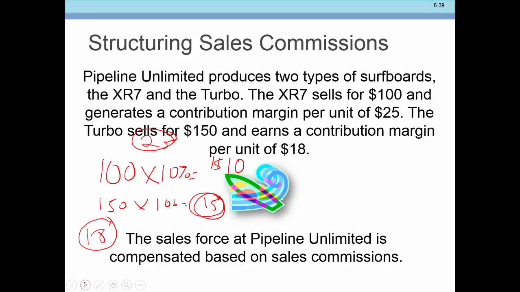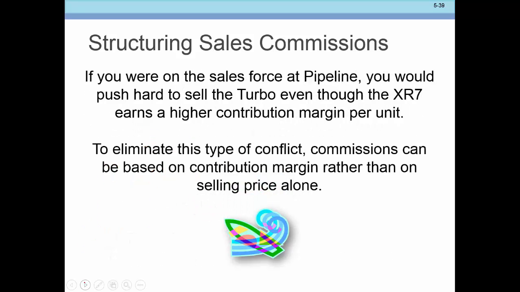If I'm managing this whole process, I would likely set up my sales commission based on the contribution margin, right? Or at least figure out a way to steer toward selling the one with the higher contribution margin if I'm not doing it strictly on contribution margin. Okay, good. So that's all they're saying there.